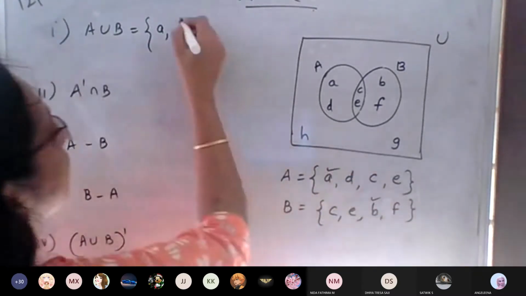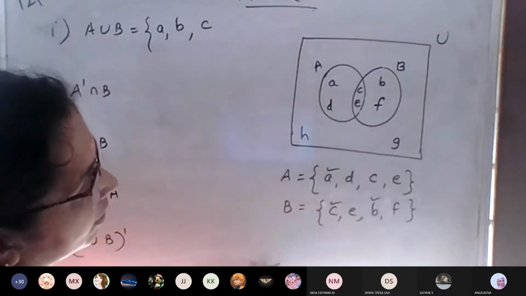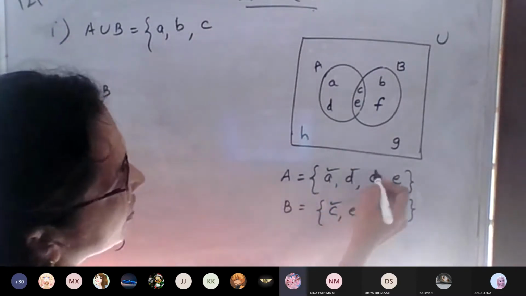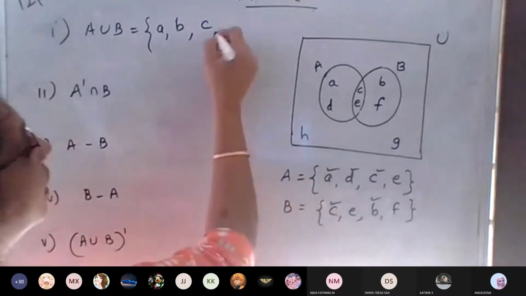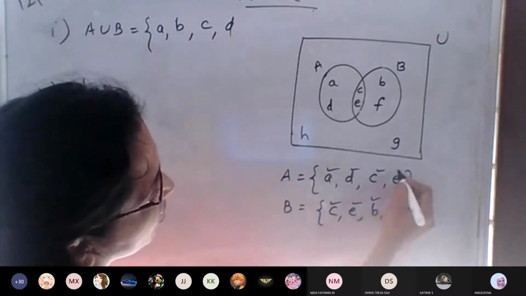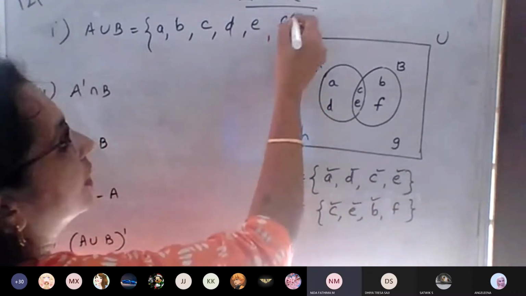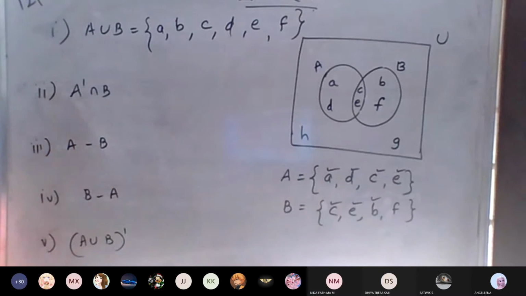A, B, C, D. C we already wrote. D, E. E is in both, so we need to write only one E. Then F. So A, B, C, D, E, F. Clear, no? Yes, ma'am.